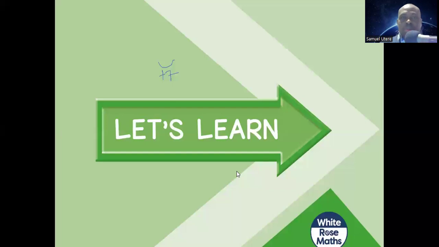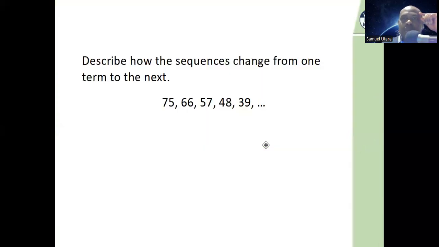Let's do some new learning. If I give you this sequence, and you're asked to describe how the sequence changes from one term to the next, you could say subtract 9 each time. That way, you have just stated the rule that is creating each term of the sequence.